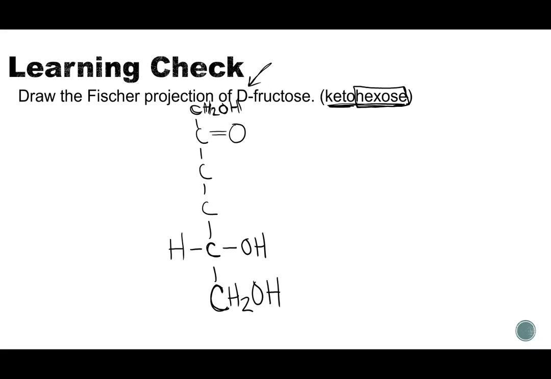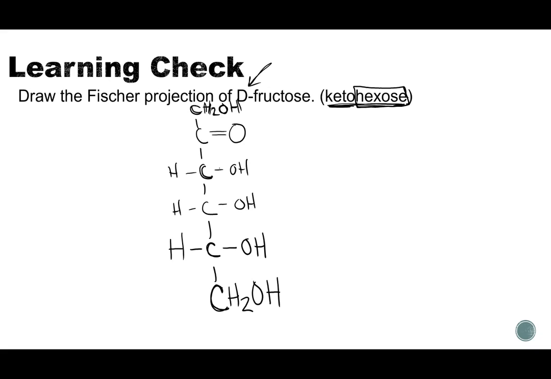The last thing I need to draw on here to get all the points is I have to draw things on these carbons. For these carbons, I do not care where the hydroxyl and the hydrogen groups are. I just care that they're there. You have to put them somewhere. So you could just put them all on the same side. You could bounce back and forth. I don't really care.